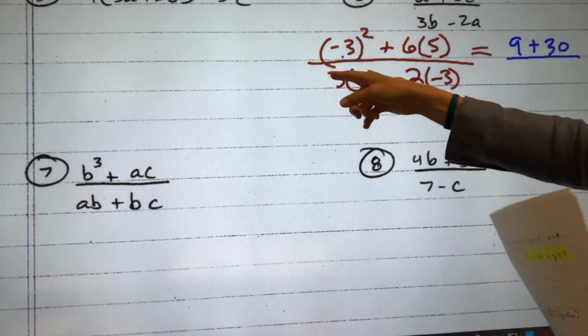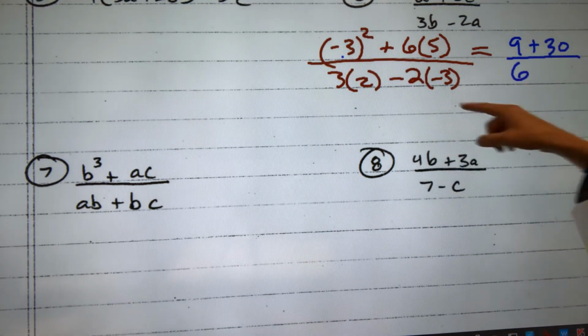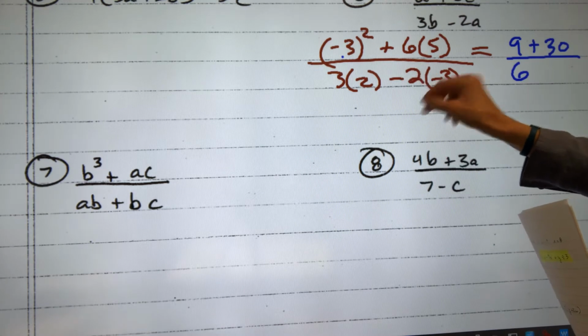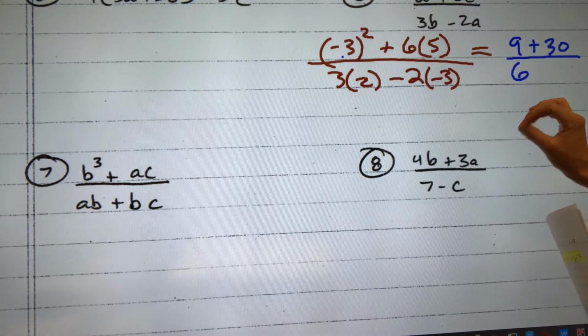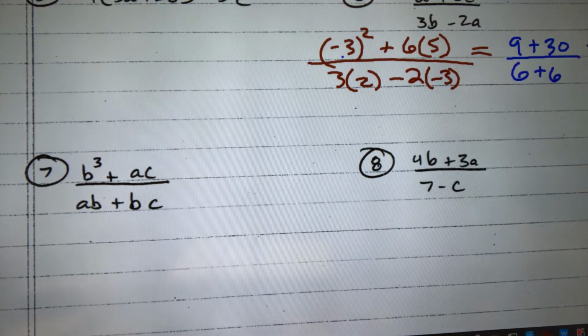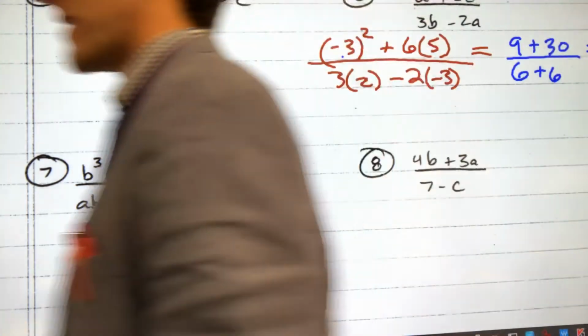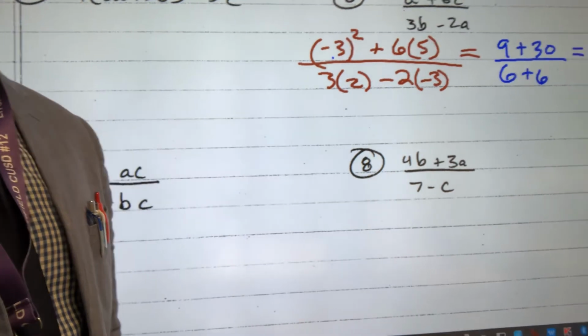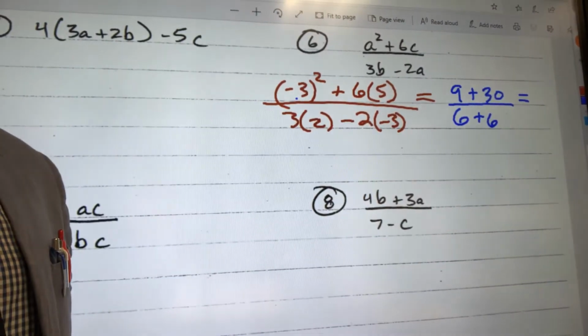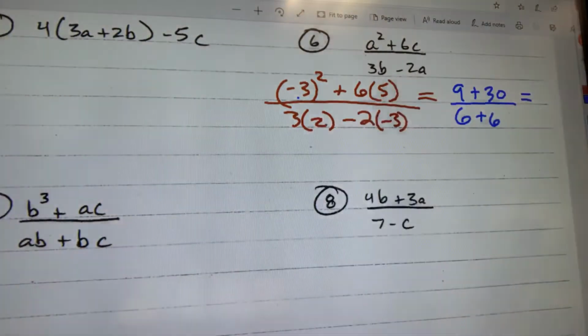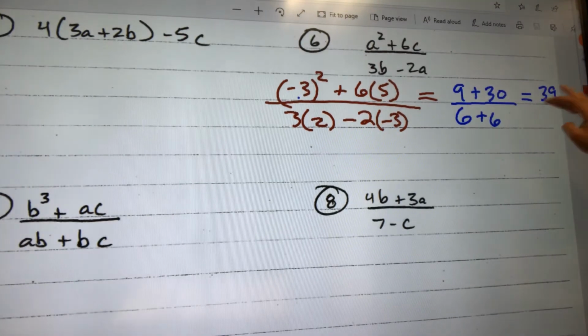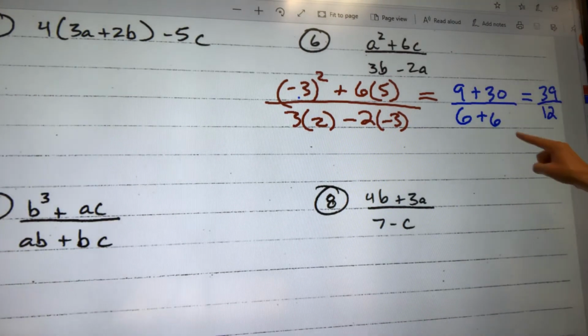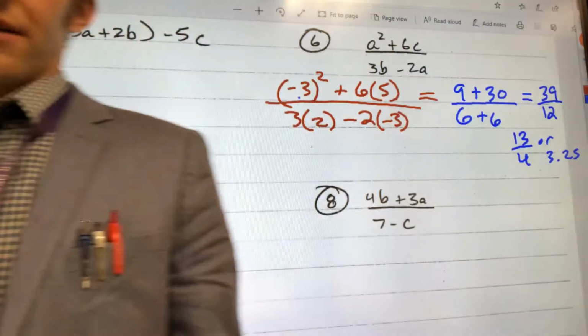Divided by 3 and 2 give you 6. Think about this as a negative 2 times a negative 3. It's a positive 6. If not, I would have given you 39 divided by 0. I'm not going to give you something that's undefined yet. Not yet. All right. I got 39 over 12, which if you divide everything by 3 is that, or 3 1/4, okay? Either or on that one.